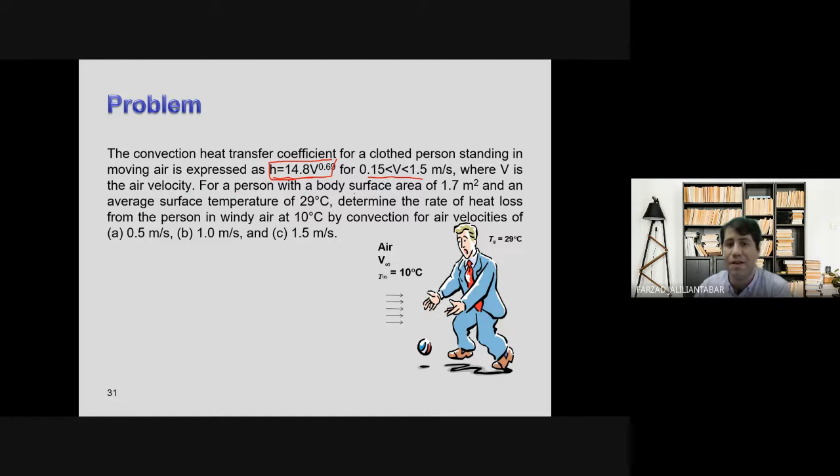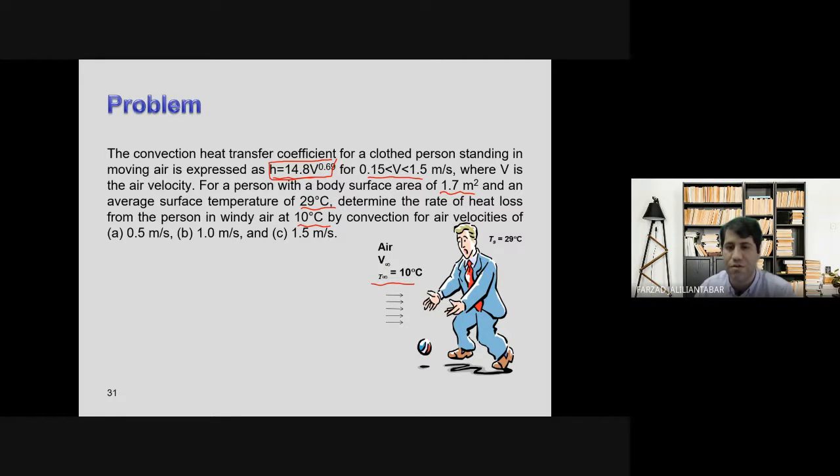For a person with a body surface area of 1.7 meters squared and an average surface temperature of 29 degrees Celsius, we need to determine the rate of heat loss from the person in windy air at 10 degrees Celsius. T infinity is 10 degrees Celsius. V infinity is given as well.